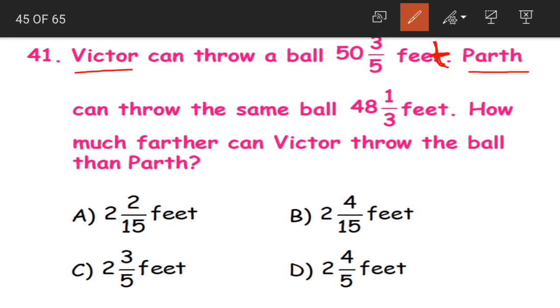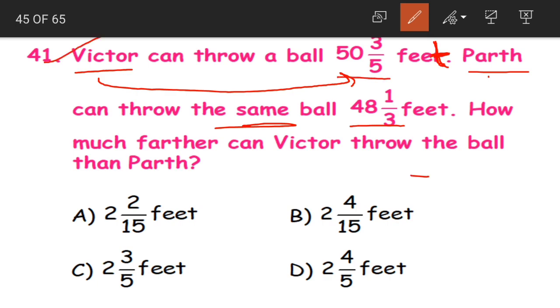One is Victor and the other is Parth. Victor can throw a ball up to 53 by 5 feet and Parth can throw the same ball 48 1 by 3 feet. Victor is throwing farther. Yes, that is far away. So we have to find out how much farther Victor can throw the ball than Parth.